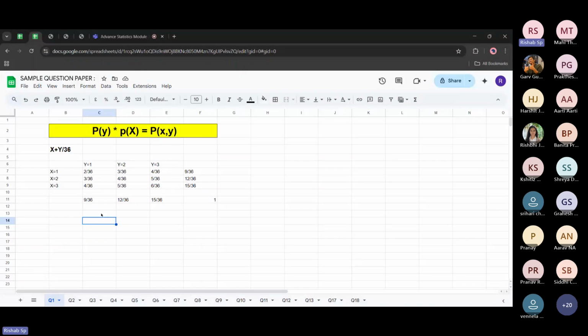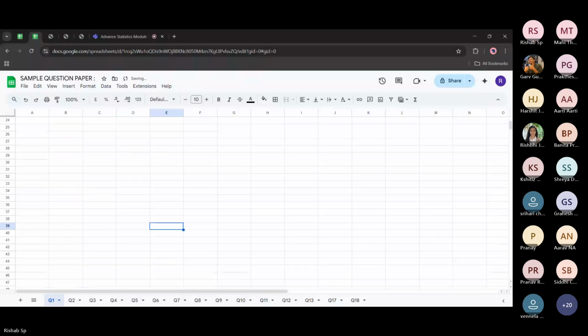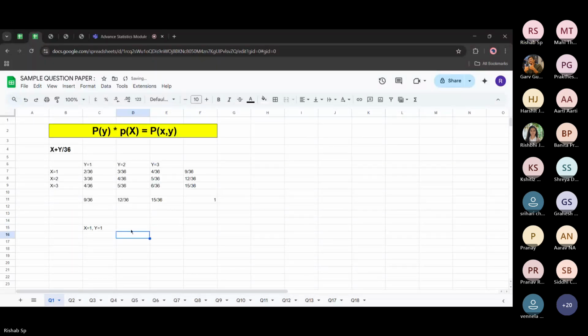Basically what we want to do is first find the expected value. For the observed value, we have x is equal to 1 comma y is equal to 1. We have this value for x1 y1, which is 2 divided by 36. We'll find the expected value too, right?